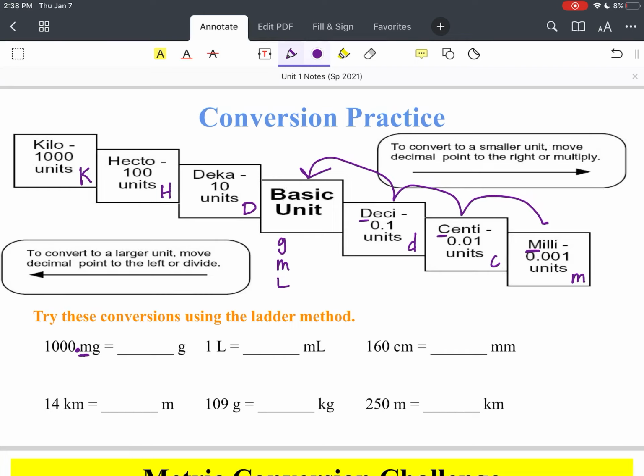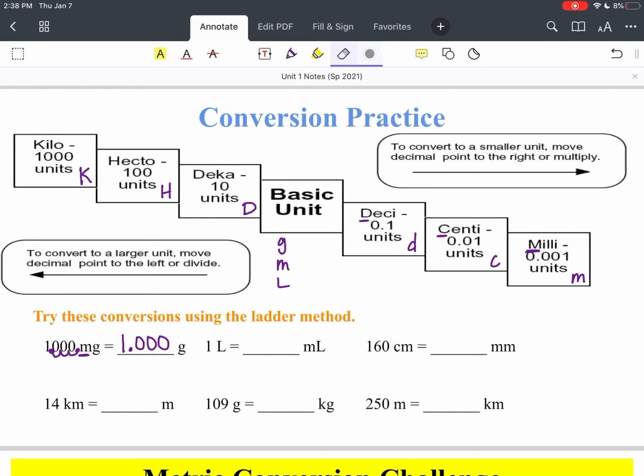That means I'm going to move my decimal place 3 places in the same direction that I jumped. So 1, 2, 3. That's where my new decimal will be. So my answer is just 1.000, or 1.